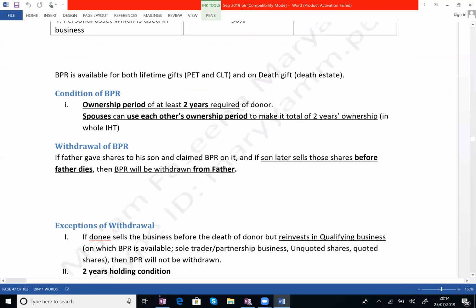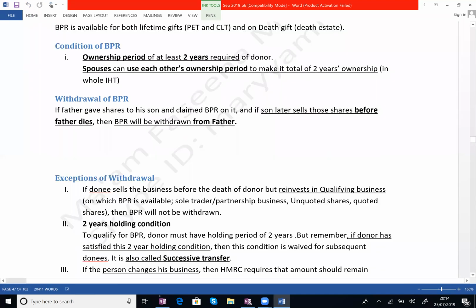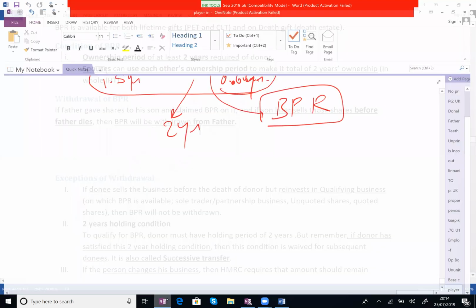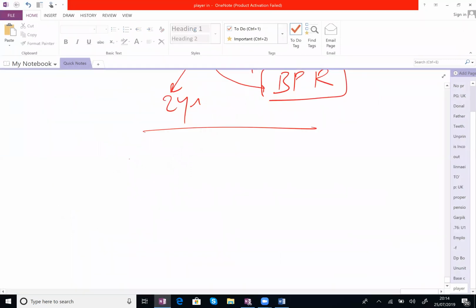Withdrawal of BPR. I'm giving you an example here. Father gifted his business to son, and the business worth is 500,000.